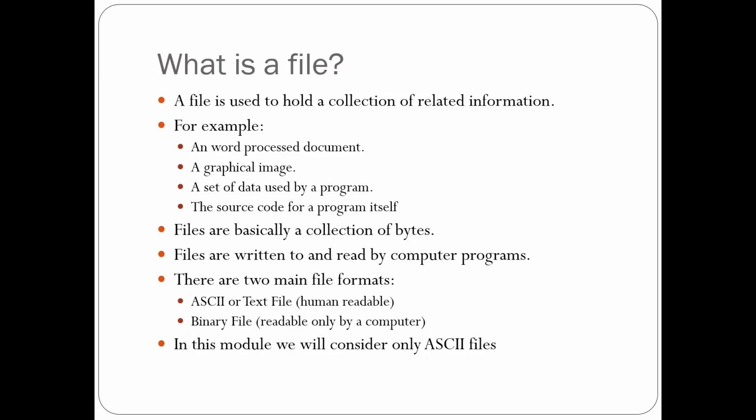But the main two file formats, whether they're Word documents or Excel documents, is that they're either held in text file format, in which case the data is stored as what we call ASCII, so there's an individual code for each letter, or they're stored as binary. Now, most things like word processed documents and Excel documents are written as binary so that they're understandable by that application, and ASCII files are more easily readable by humans because they're written as standard text. And what we're going to be looking at today are just ASCII files.